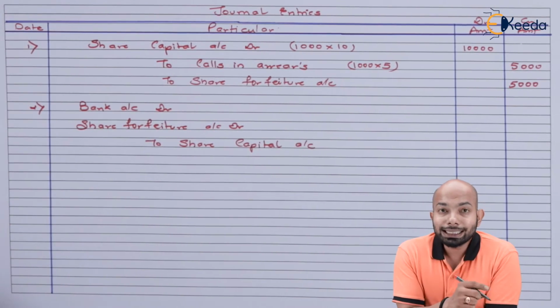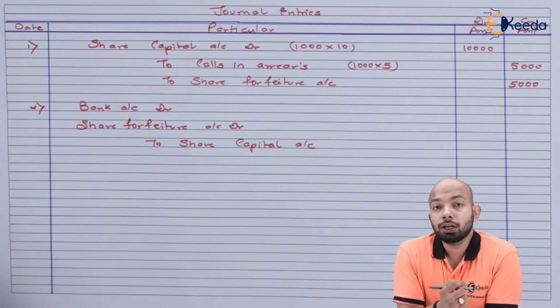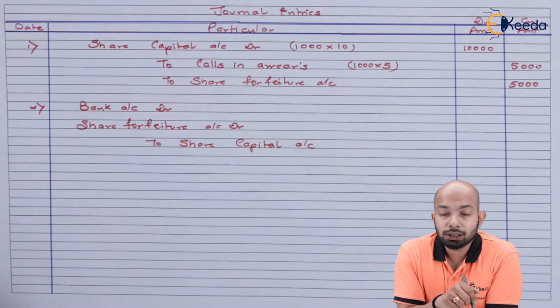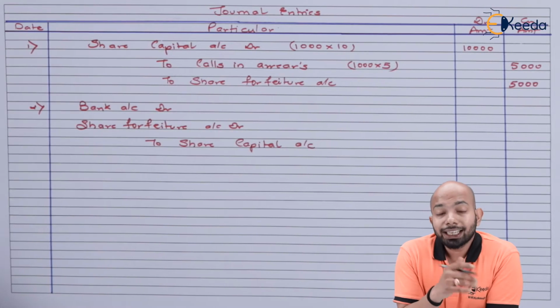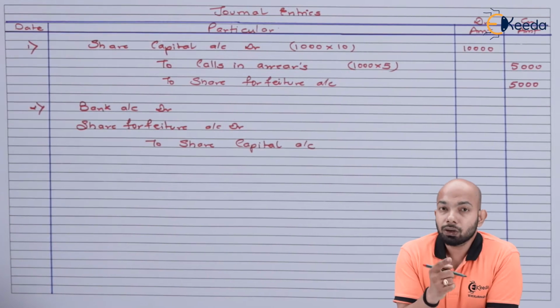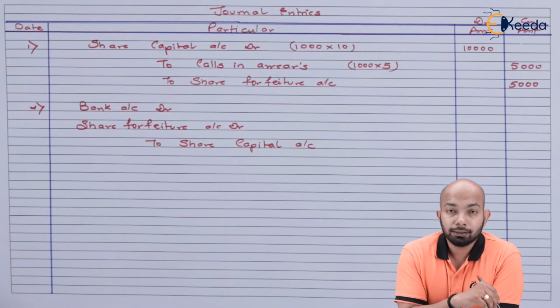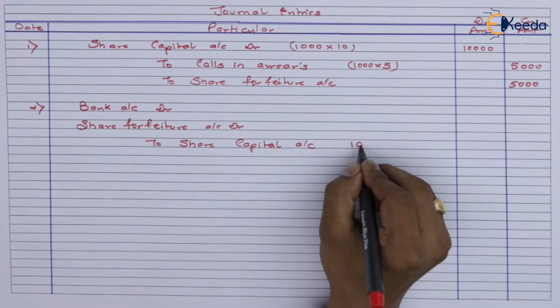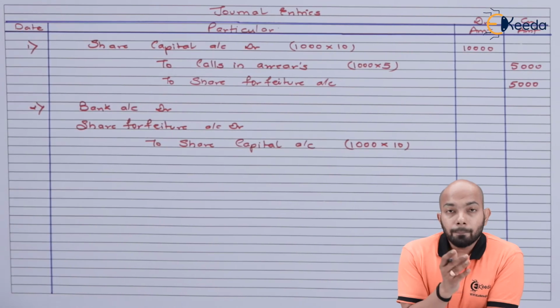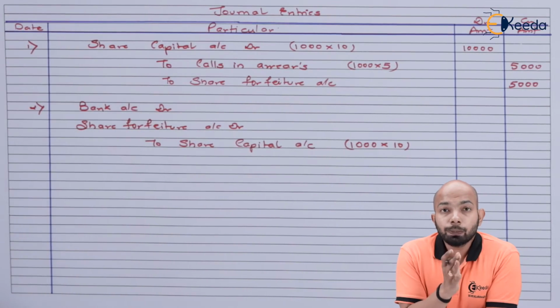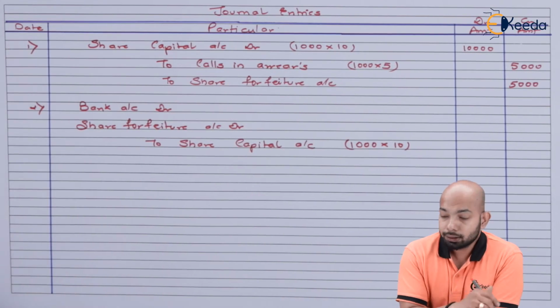So the reissue entry is bank account debit, share forfeiture account debit to mention the loss here, and to share capital credited. Share capital will have 1,000 into 10 because the face value still remains rupees 10. Bank account will have the reissue price, that means 1,000 into 8.